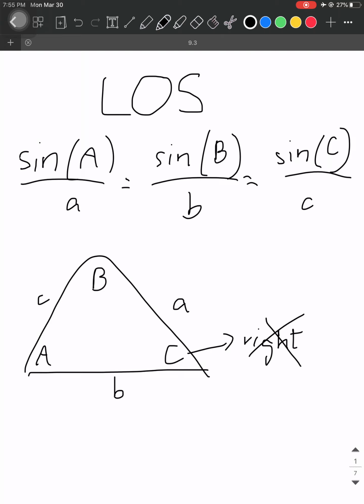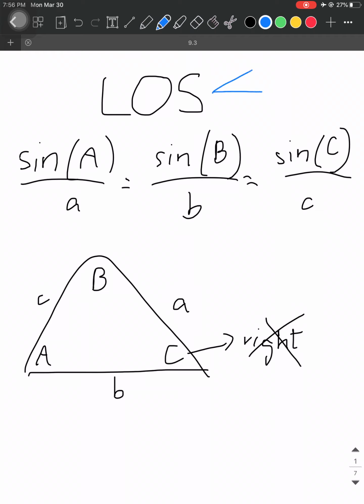For the law of sines, we learned three applications. The first two easy cases are SAA, side angle angle, and ASA, angle side angle. I'm not sure why I cannot write this. This glitches, it's weird. Let me start over.